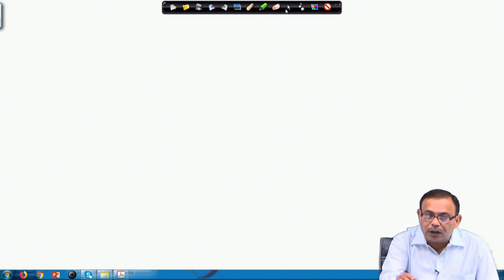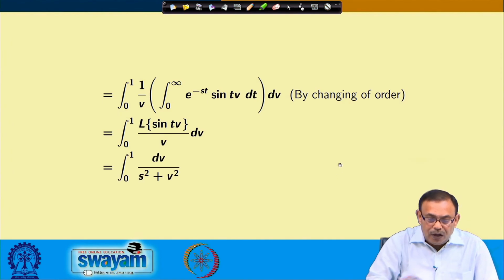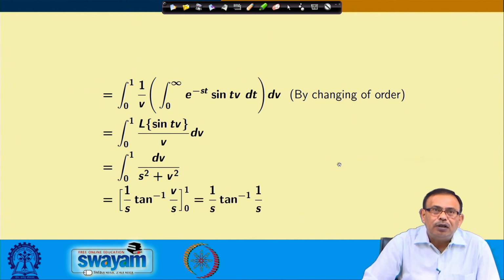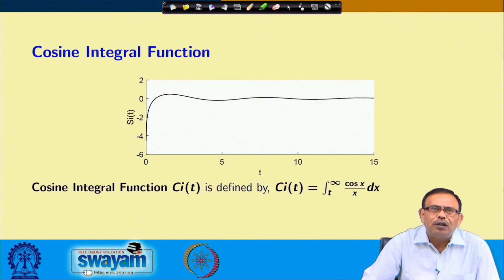So the same problem we have solved in 4 different ways. Whichever looks simpler, using that one I can find out the Laplace transform of some functions. Now, let us take another similar function, which we call the cosine integral function.